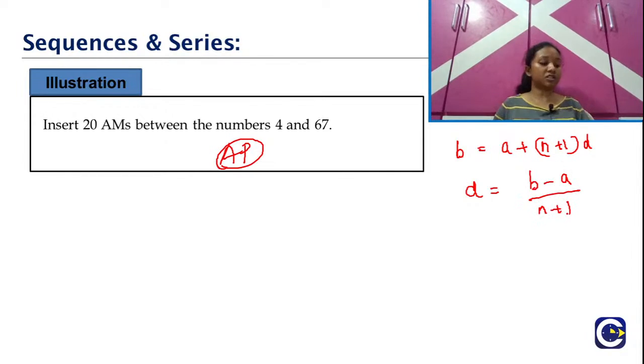Just compare the standard terms to our given information in order to figure out the progression. I'm not going to ask you to write all the 20 terms. You can just write the first 3 terms and the last 2-3 terms. That will be fine.